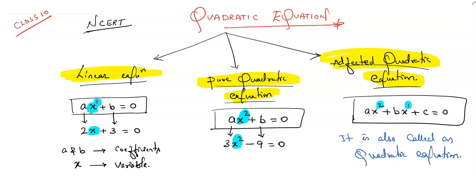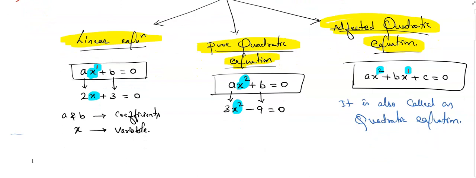Then affected quadratic equation, an equation which involves a variable whose highest degree is both 1 and 2 is called affected quadratic equation. Next point, copy down, it is also called quadratic equation.